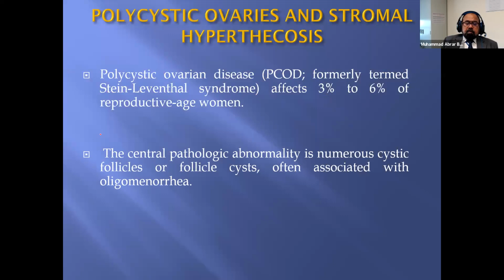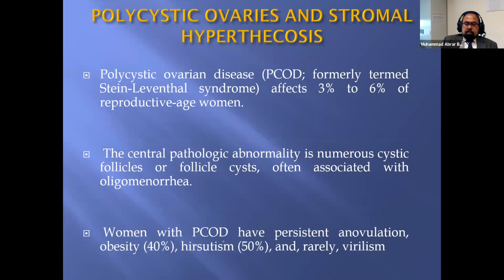Here, the central pathologic abnormality is numerous cystic follicles or follicular cysts associated with oligomenorrhea. It means the menstrual cycle is increased in length. Normally a female has 28 days of cycle, so they might go up to 35, and there is a scanty amount of bleeding in menses, so oligomenorrhea. So in one year, instead of having 12 menses, the female may have only 10 or 9. This is called oligomenorrhea.